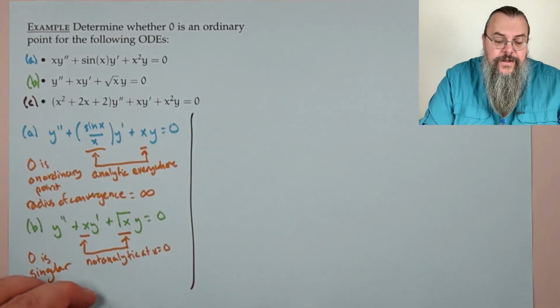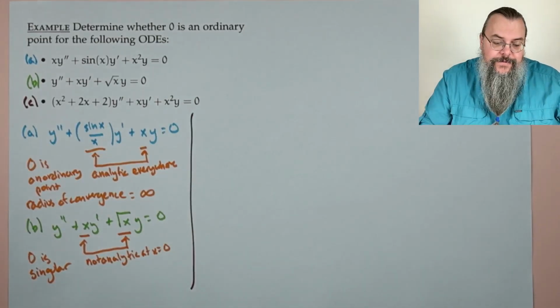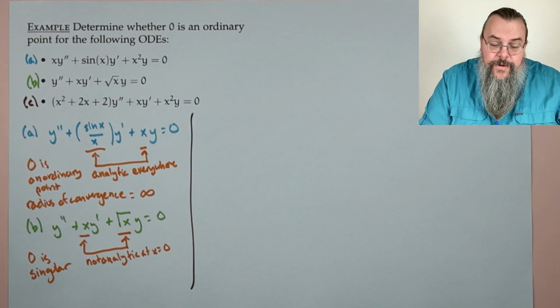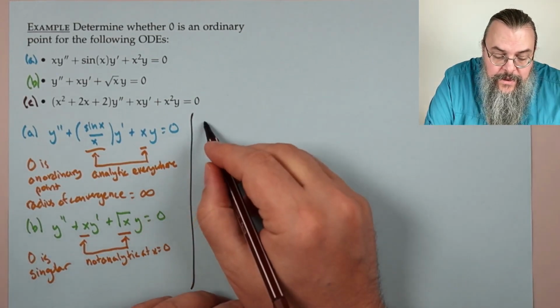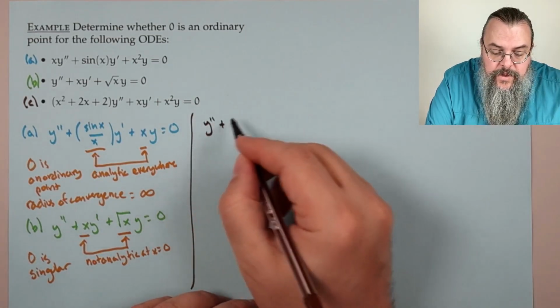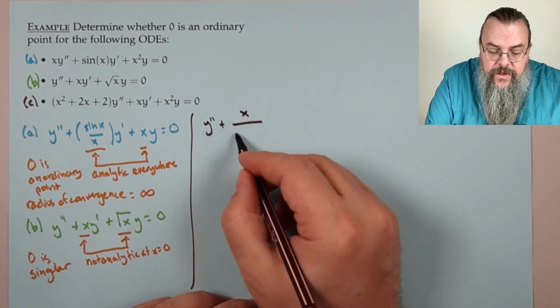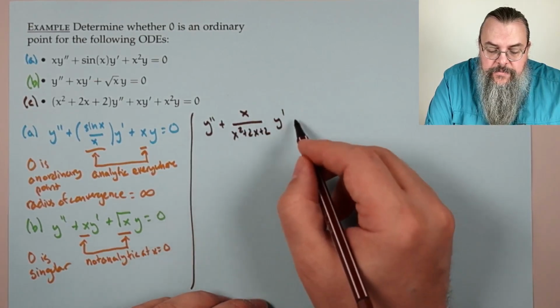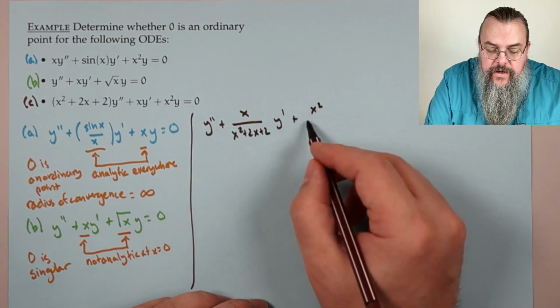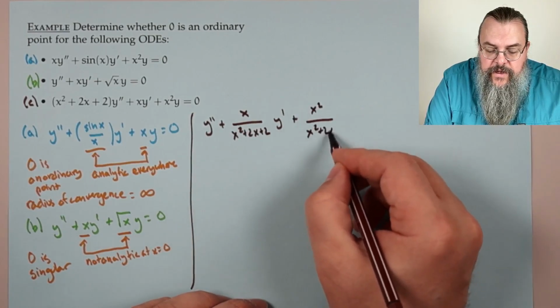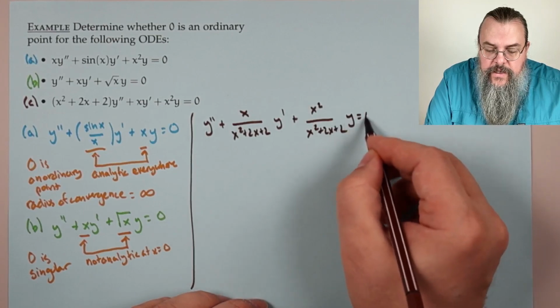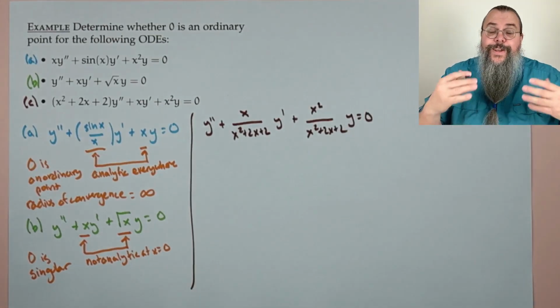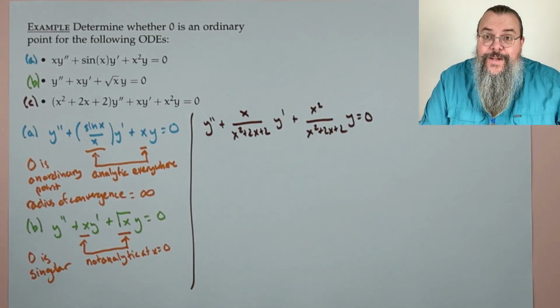So again, we want 1 in front of our y''. So we say, okay, y'' + (x / (x² + 2x + 2))y' + (x² / (x² + 2x + 2))y = 0. Now, what's happening?